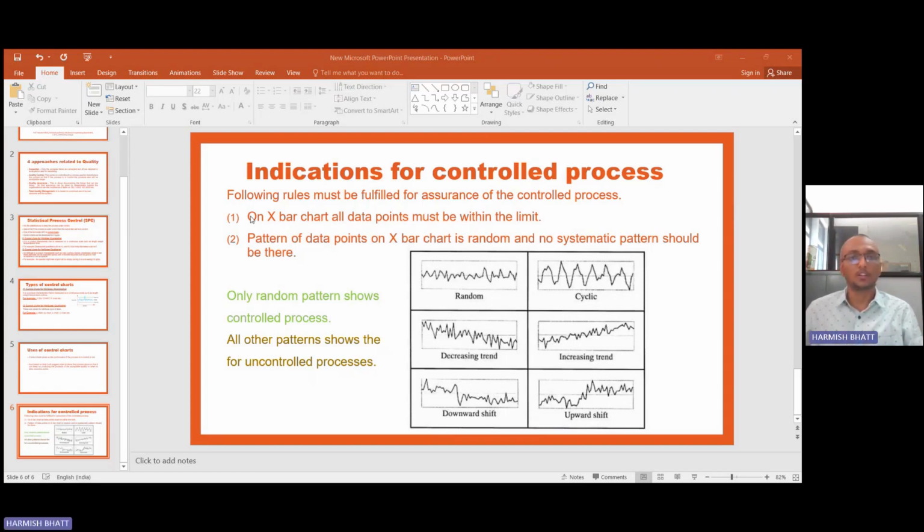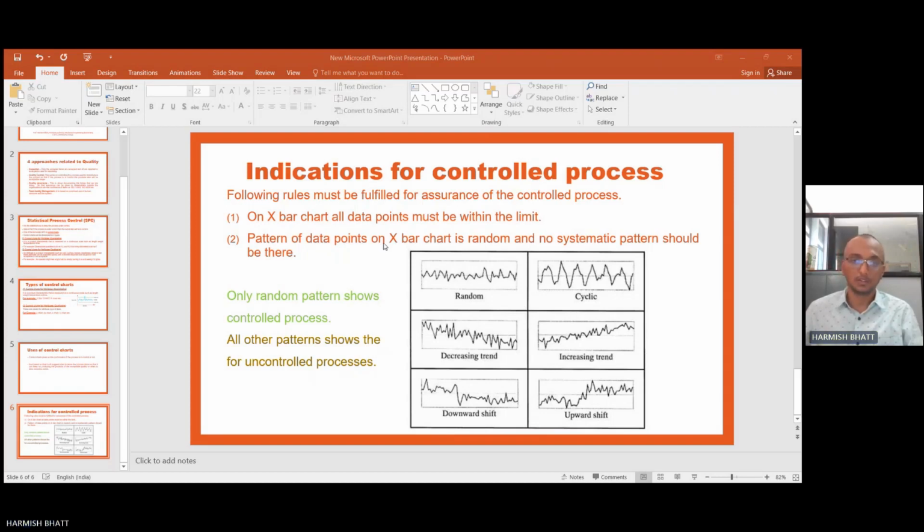Now, the second indication of the controlled process from the chart is that the pattern of data points on the X bar chart should be random and no systematic pattern should be there. Here in this slide, we are able to see 6 different patterns.